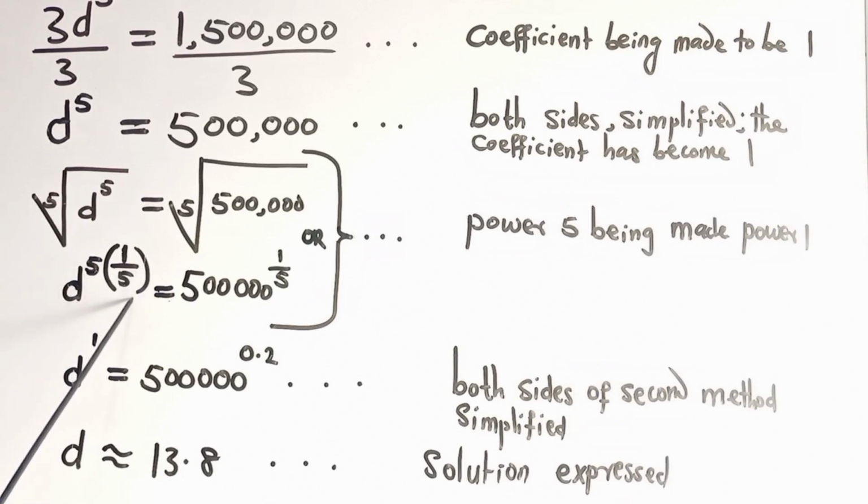It is this line that became this line. Now it is time to use a calculator or any other device to press 500,000 raised to the power 0.2. When done, the answer will still be equal to 13.8. So either this method or this method, whichever way, the answer is that d is approximately equal to 13.8.